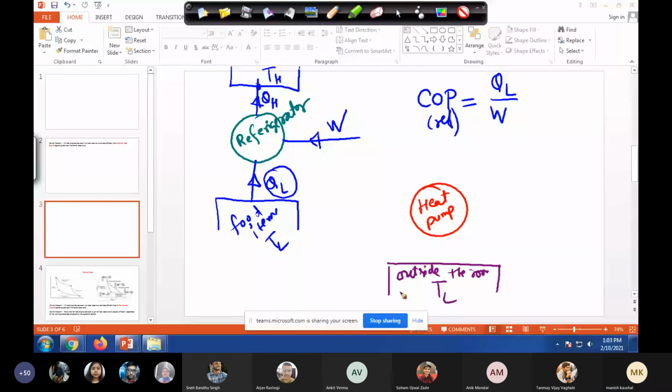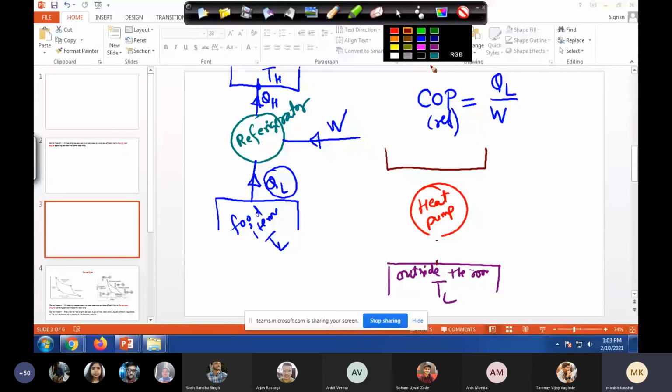So what we are trying to do is, this is outside the room and this is our room.